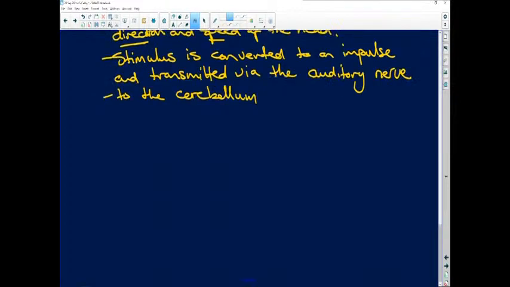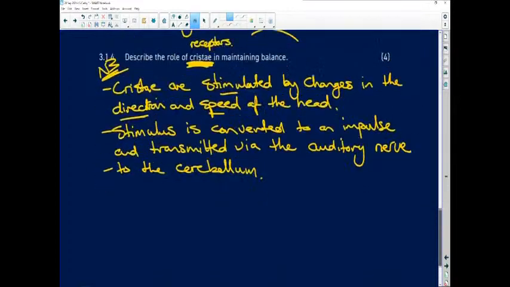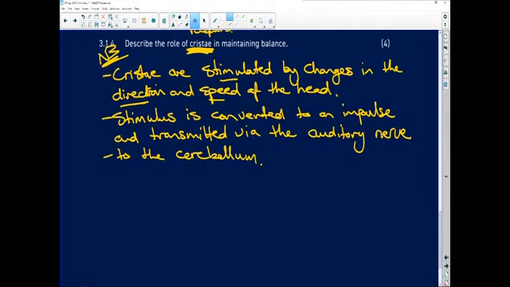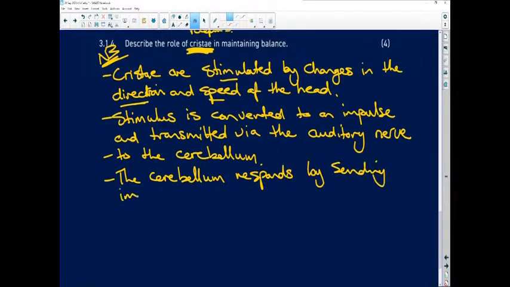So now the cerebellum gets the message. And what does the cerebellum do? The cerebellum responds by sending impulses via the motor neurons to the skeletal muscles.